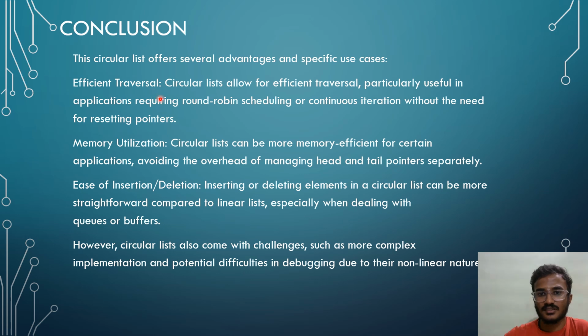Efficient traversal: circular lists allow for efficient traversal, particularly useful in applications requiring round-robin scheduling or continuous iteration without the need for resetting pointers. Ease of insertion or deletion: inserting or deleting elements in a circular list can be more straightforward compared to a linear list, especially when dealing with queues or buffers. However, circular lists also come with challenges such as more complex implementation and potential difficulties in debugging due to their non-linear nature.